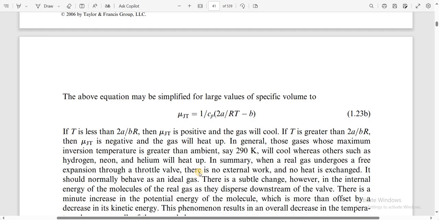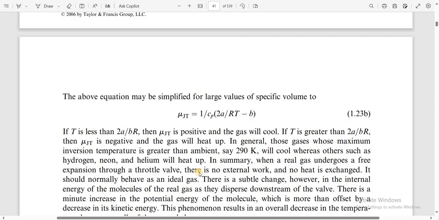The above equation may be simplified for a large value of specific volume to μ = (1/Cp)(2a/RT - b). If T is lesser than 2a/bR, then μ is positive and the gas will be cooled. If T is greater than 2a/bR, then μ is negative and the gas will be heated up.